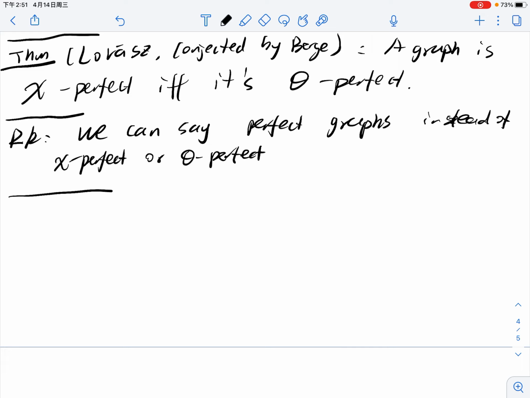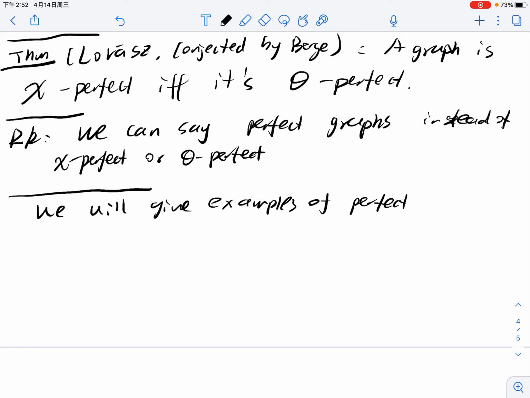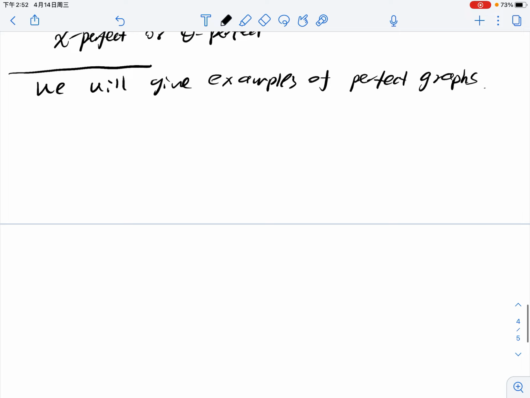Okay, next we will give examples of perfect graphs. It's not that trivial for a graph to be perfect because, in principle, you need to test all its subgraphs.